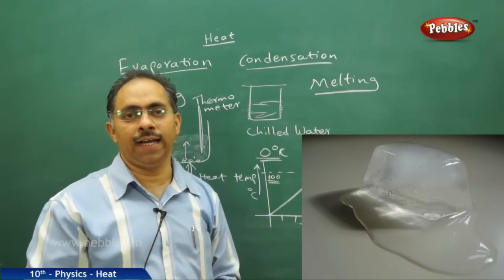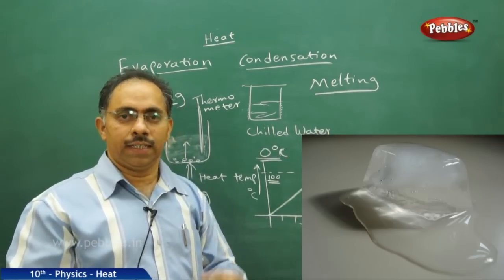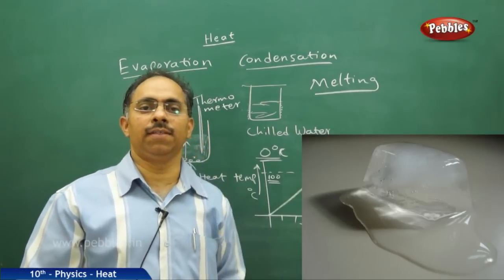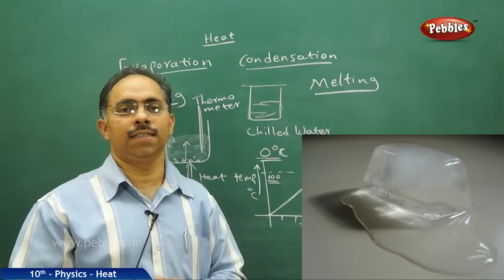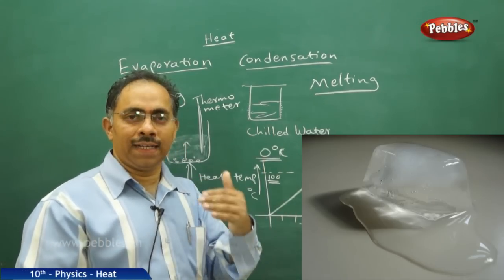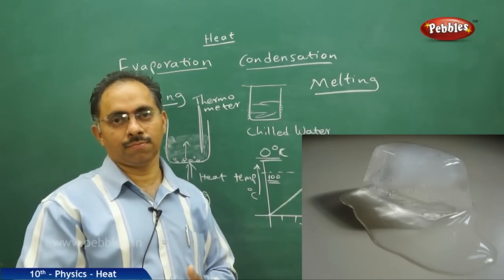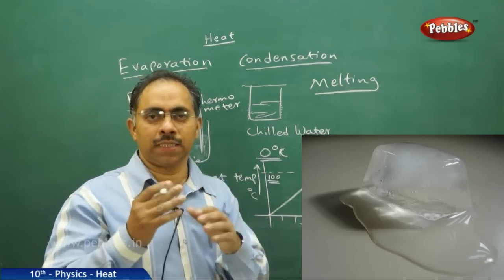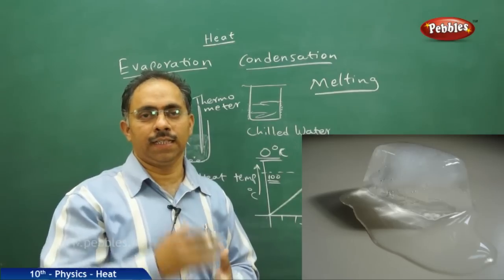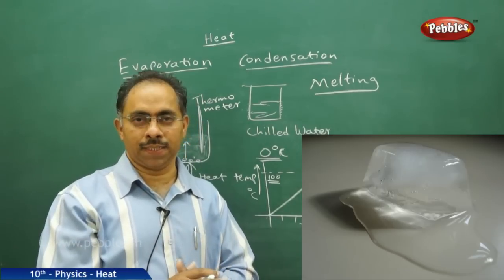You heat the ice, take some ice at minus 10 degrees Celsius, put it in a vessel and start heating it. Slowly the temperature will rise from minus 10 to 0. The temperature of ice will reach 0 from minus 10. Till then it will increase its temperature.